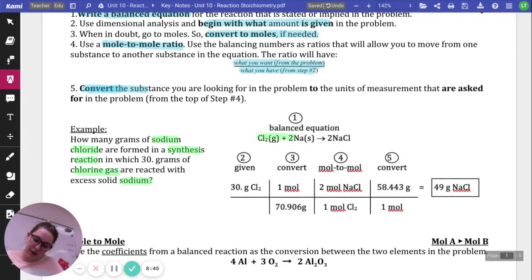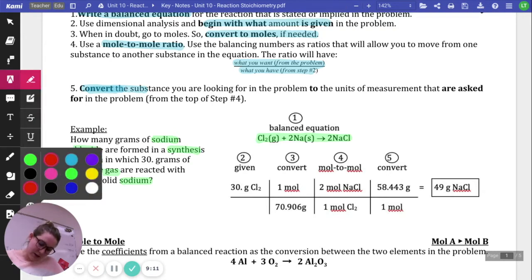Based on that, we're able to write our balanced chemical equation of Cl2 plus 2Na yields 2NaCl. Again, it was not directly stated in our problem, but we were able to figure out what our chemical reaction would be based on what it said in our problem. So step 1, balanced chemical equation.